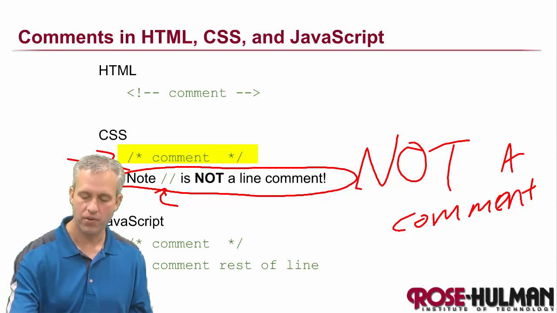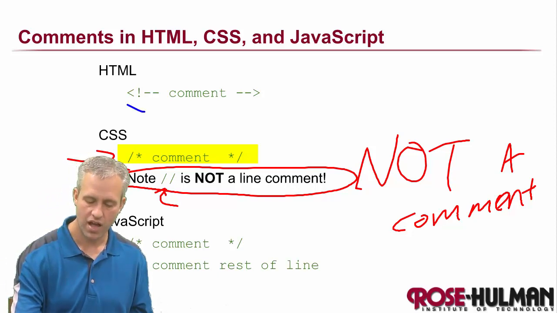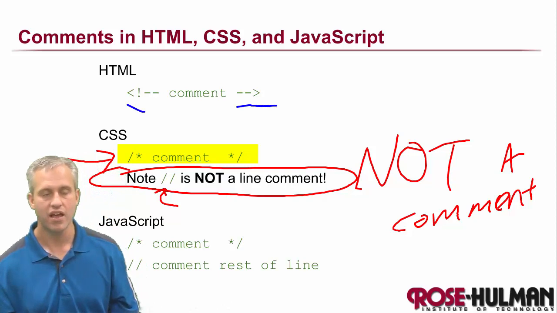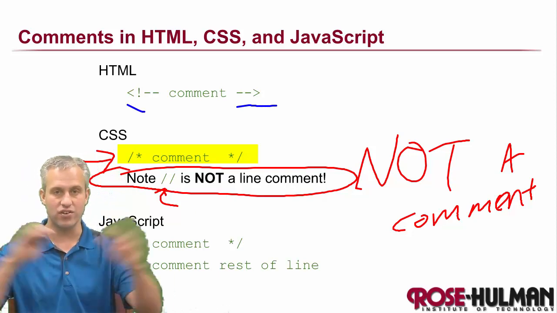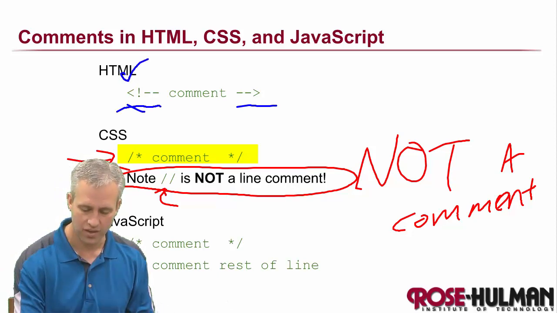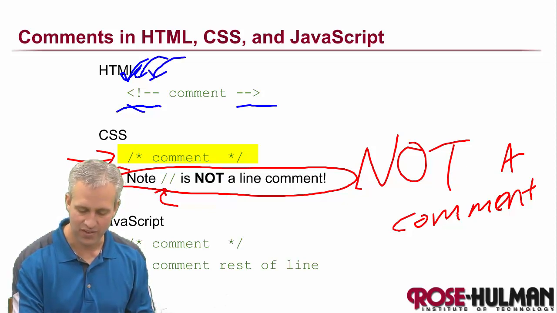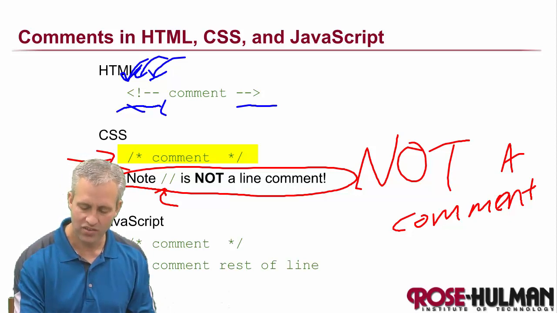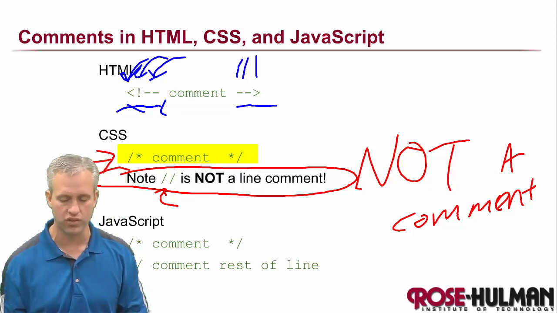The other thing, if you happen to have ever played with it much, comments in HTML are crazy. They use their very own system, right? In order to make a comment in HTML, it has to start with a less than, exclamation point, hyphen, hyphen, and then a space. I think the space may not be required. And then it has to close with a very similar closing as well.